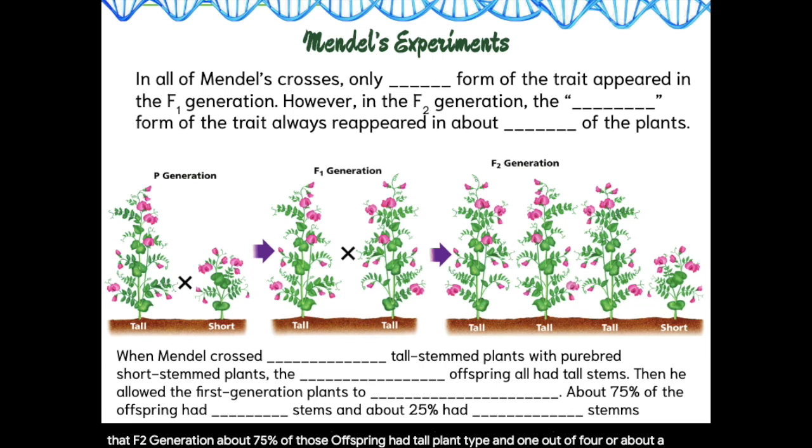So it just led him to believe that something was going on, because that trait, which he thought he had bred out of the plants, actually would show up again. And so that led him to do a lot more experimentation and led us to the idea of dominant and recessive alleles.